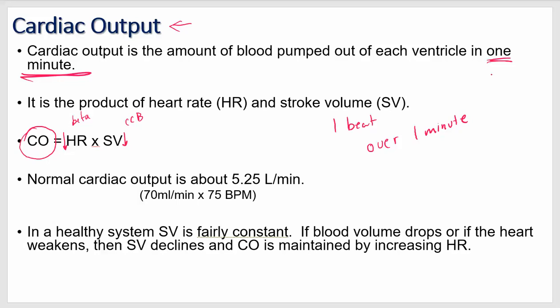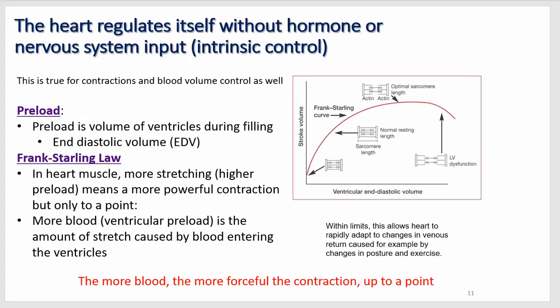It gets weaker with disease. After a heart attack, it may be weaker. And so the body will have to compensate to pump more blood, so it will have to beat faster. Okay, so that's a compensation that happens when demand comes up and says, hey, we need more blood to flow.